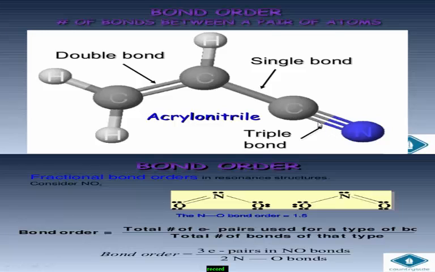So bond order shows the number of bonds present between two atoms. Here triple bond, single bond, double bond, etc. Is it right? As I already gave the formula, this is also another type of formula. You use any one formula.